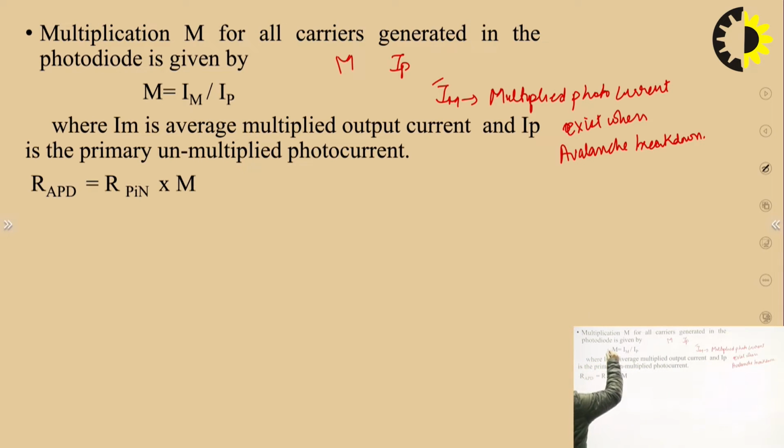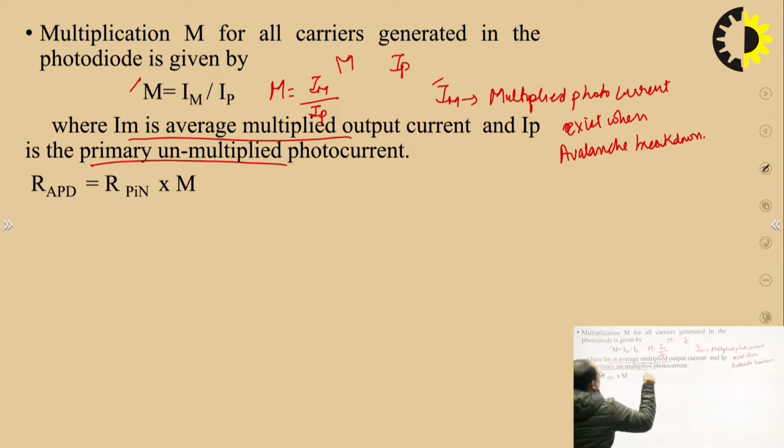That is, M is equal to the multiplied current divided by the primary photocurrent when there is no avalanche breakdown. So IM is the average multiplied output current and IP is the primary unmultiplied photocurrent. Clear?